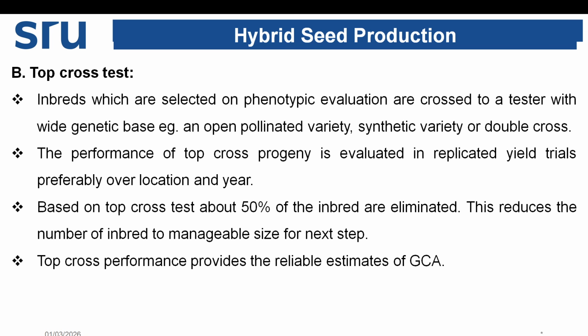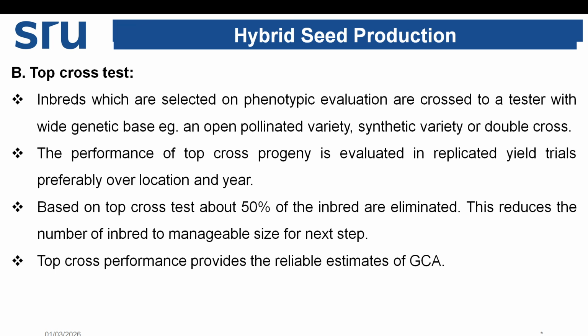The second evaluation method is the top cross test. As I told, inbreds which are selected after phenotypic evaluation, you need to cross to a tester with a wide genetic base. Examples of a tester with a wide genetic base are an open-pollinated variety, a synthetic variety or a double cross.